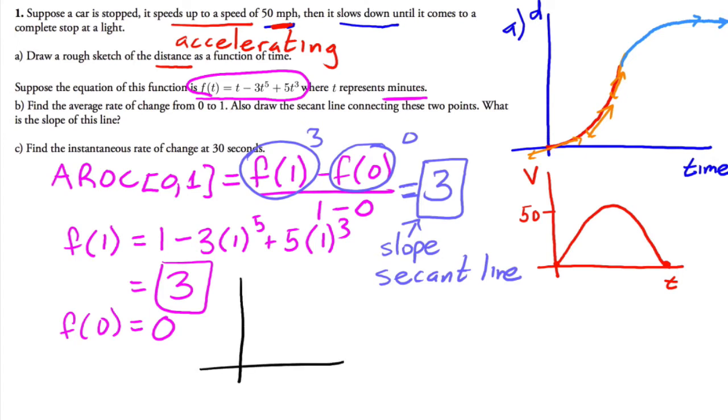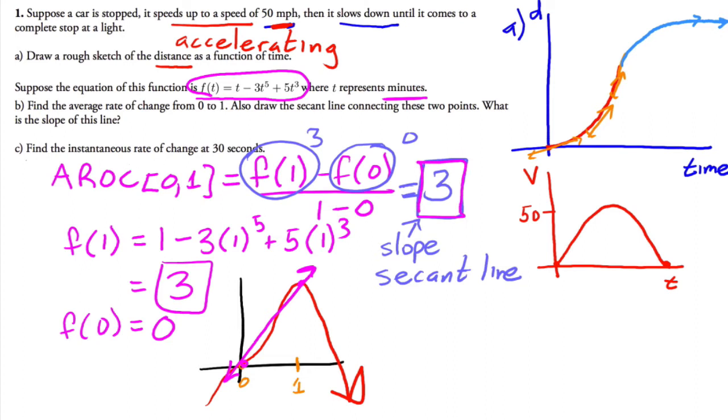This isn't exact or anything, but if I graph this, it's going to come up, kind of looks like that. And this is 1 and this is 0. So what we're saying is that the slope of this line right here is equal to 3.